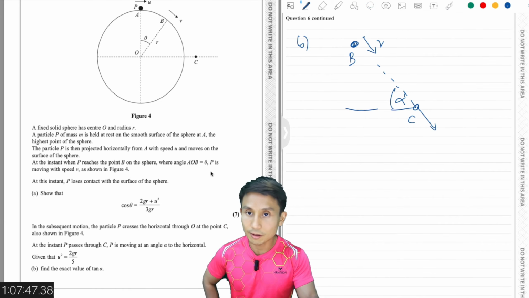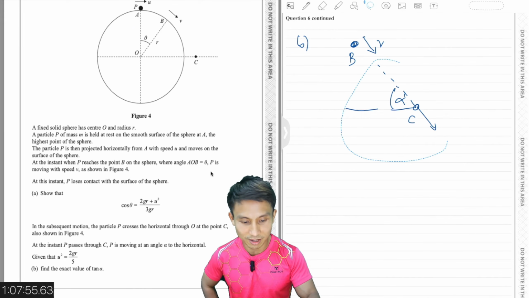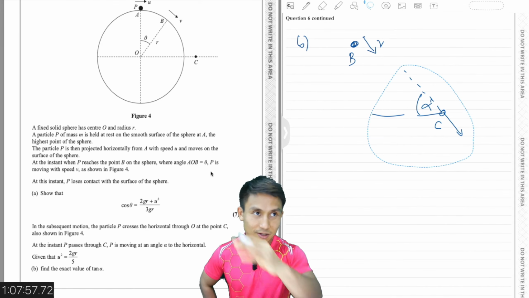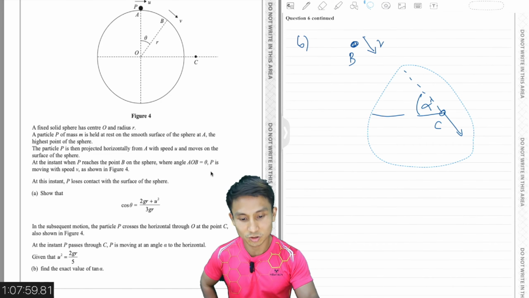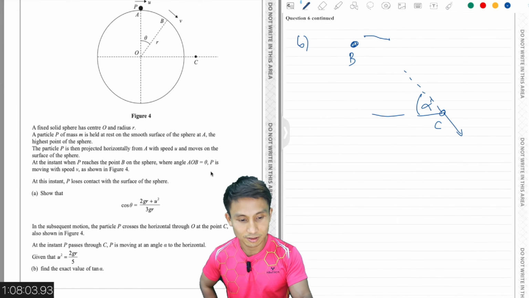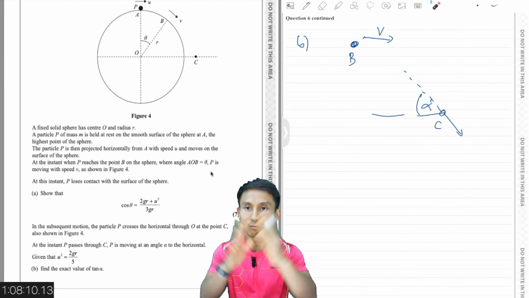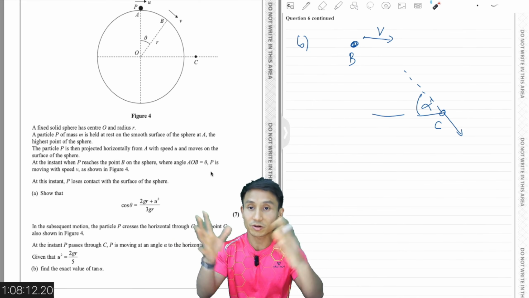So this angle right here is not the same as this angle right here. Don't fool yourself. I might fool myself here, but hang on. So V might be more like this, because by the time you're falling down here, you have more vertical speed.